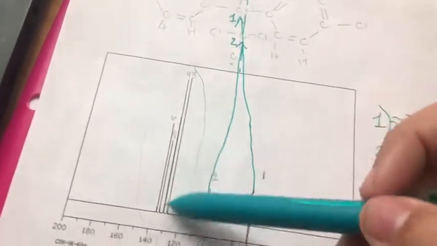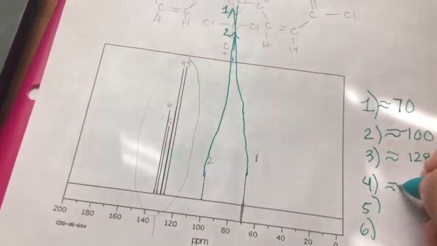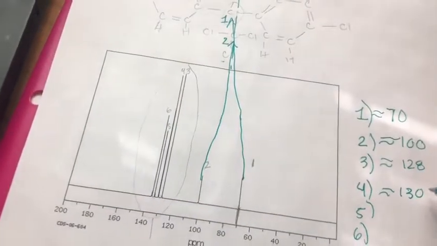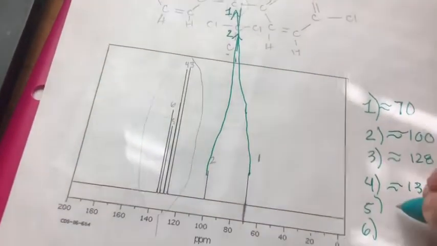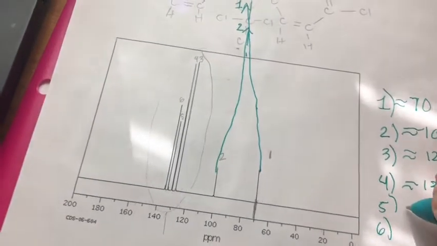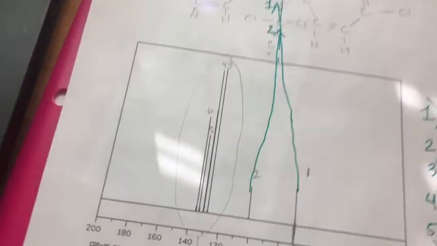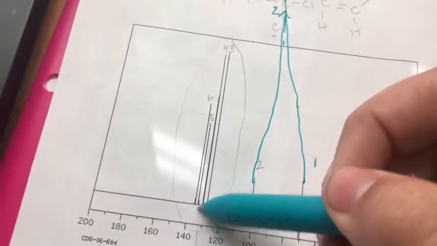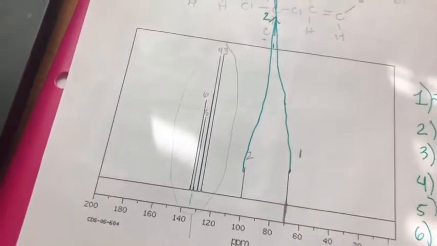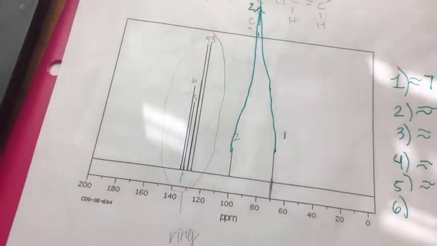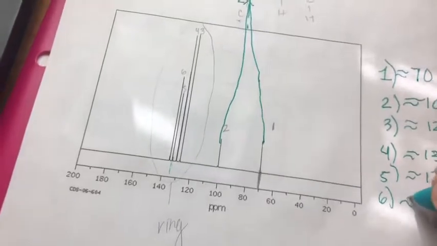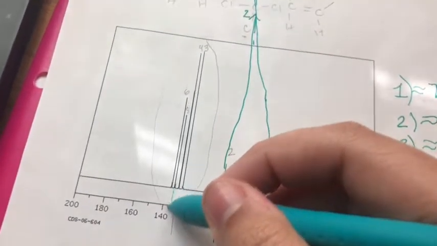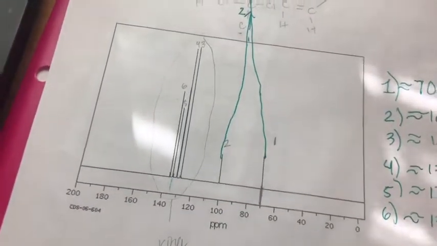And then 4 is at about 130. 5 is at about 134. And 6 is at about 136.